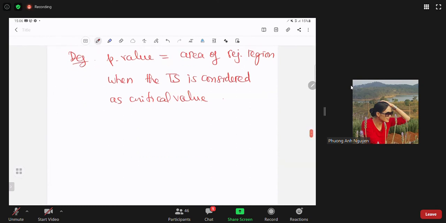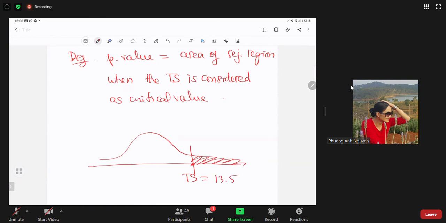So what does it mean? In this previous example, I know the rejection region is here on the right. But instead of writing down the area to be 0.05, I don't use it. I draw it and now I consider my TS to be this value. My TS before is equal to 13.5.